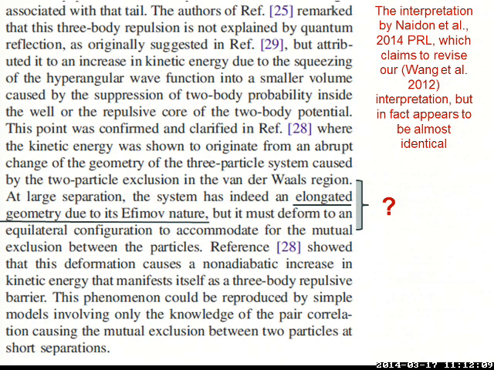One thing they say that I have difficulty understanding, I don't know if you've noticed this comment, Jose, is that they say at large separation, the system has an elongated geometry due to its Efimov nature, but it must deform to an equilateral configuration to accommodate for the mutual exclusion between the particles. Now, by mutual exclusion, I think they're talking about this classical suppression effect here. Again, the fact that the amplitude of the wave functions in the two-body valleys is very small.